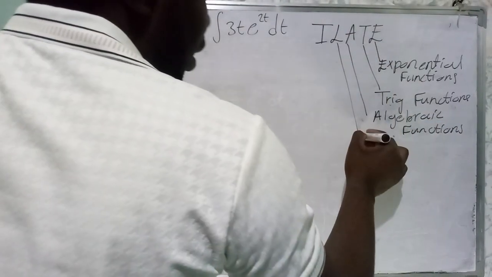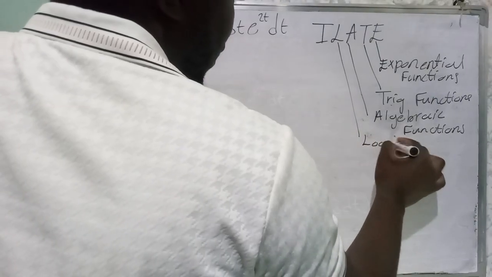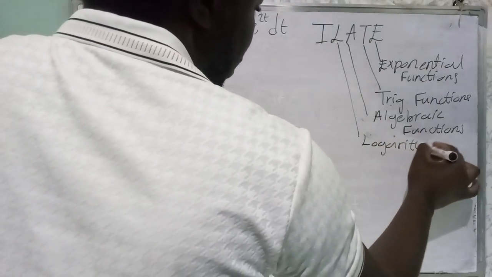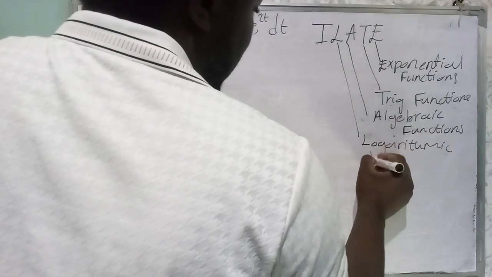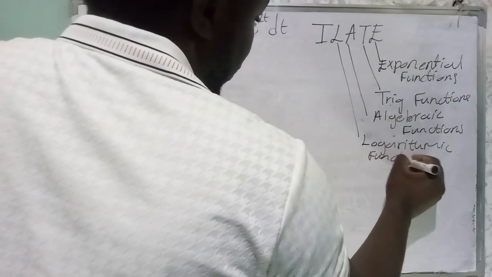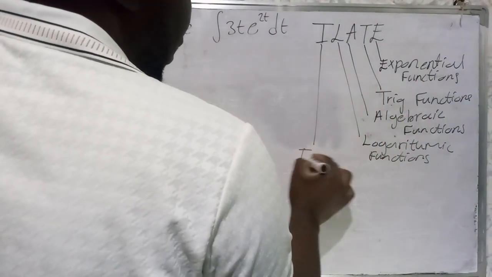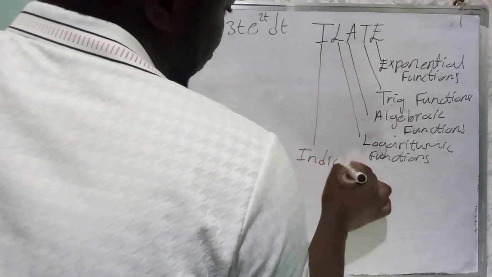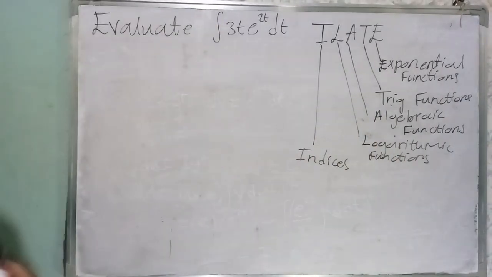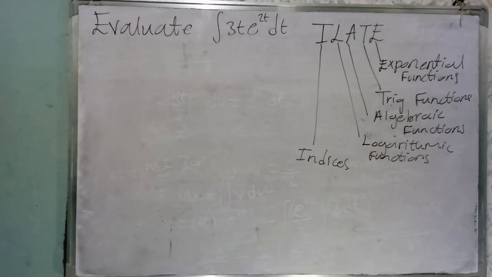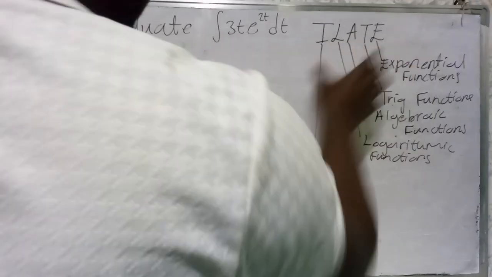Then capital L stands for logarithms, which is logarithmic functions. Then we have capital I, which is indices. So now how can we use this ILATE?